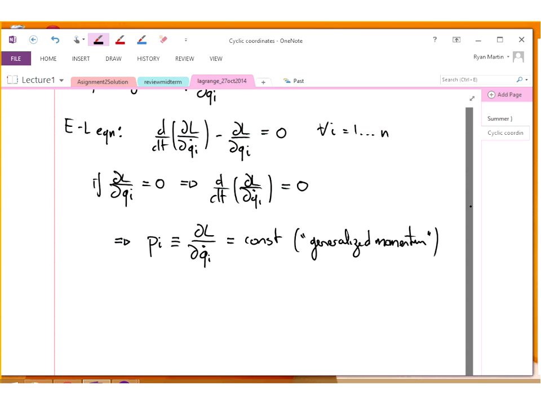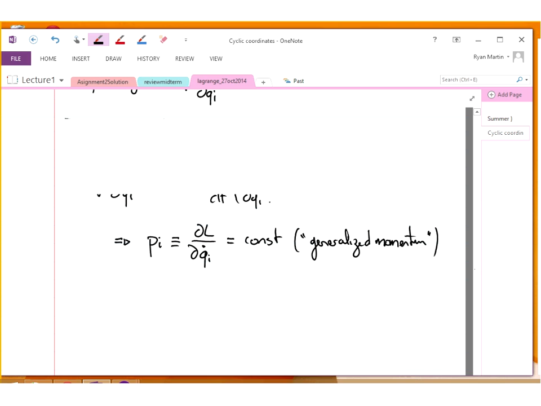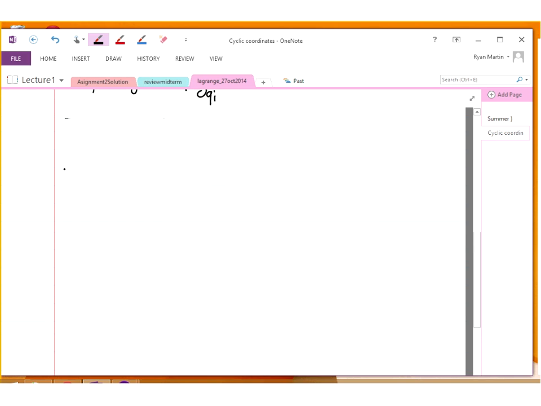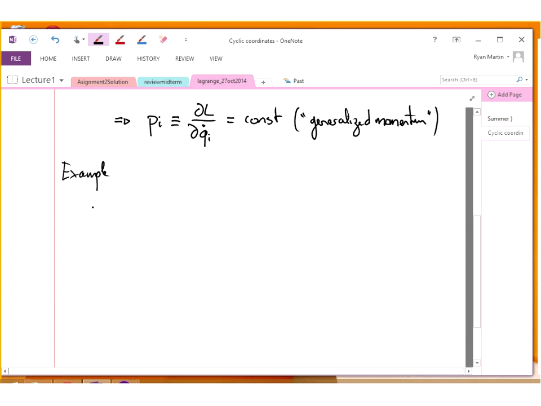Okay, so let's do an example of that. In the notes, this is example 4-8. Particle in a gravitational field.